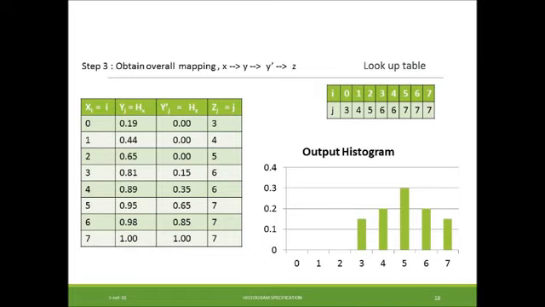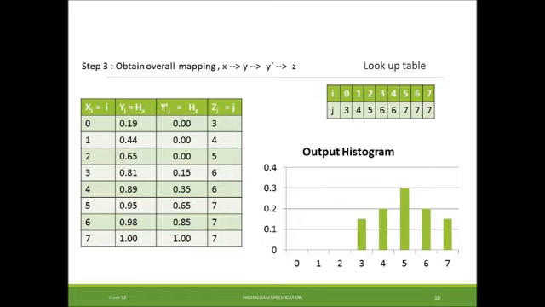Now from step 1 and 2 we have the values for Xi, Yj and Yj dash. Now in step 3 we will calculate Zj equal to j.